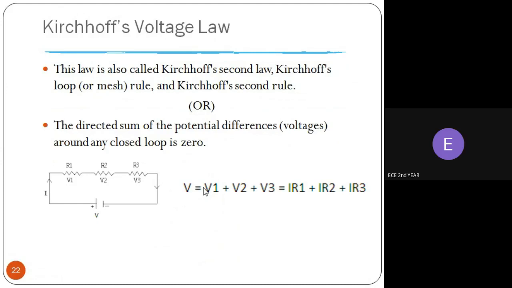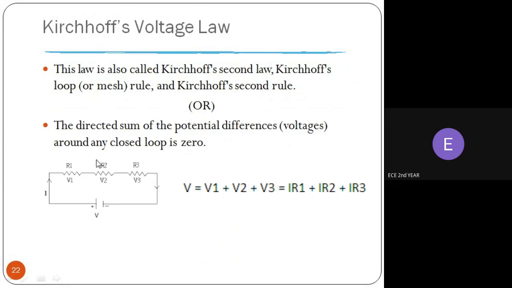Kirchhoff's voltage law states that the sum of the potential differences around any closed loop is 0. So here R1, R2, R3 are three individual resistances connected in series and excited with the voltage V. The current flowing through the closed loop is I. Depending upon Kirchhoff's voltage law, we can write V is equal to V1 plus V2 plus V3.